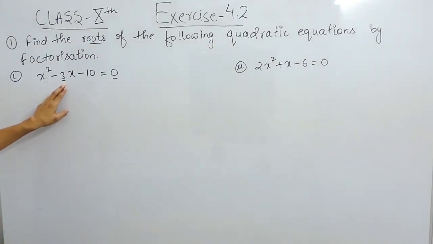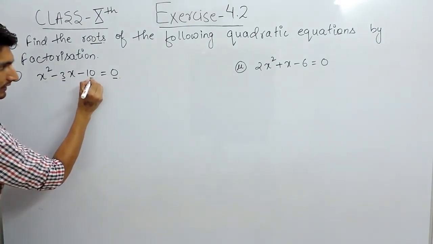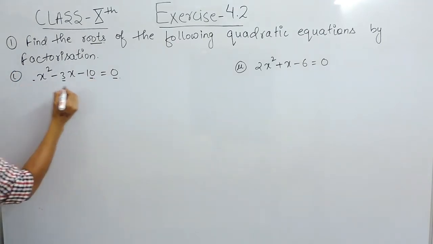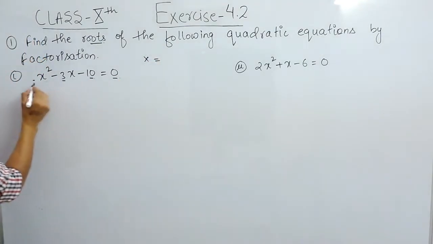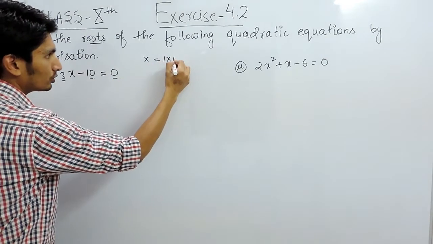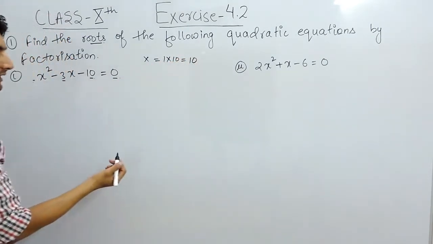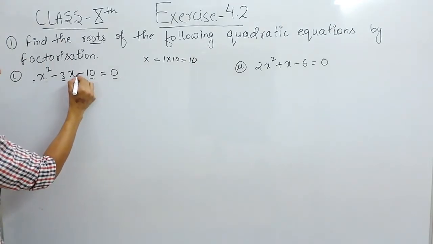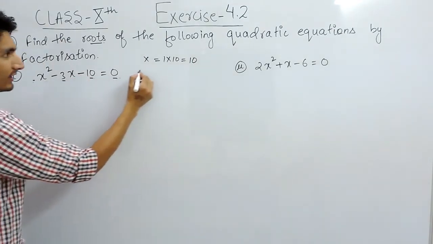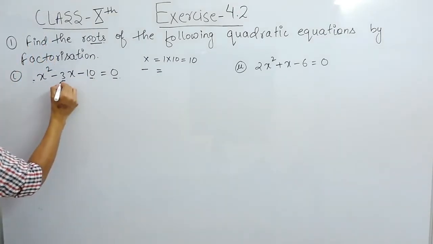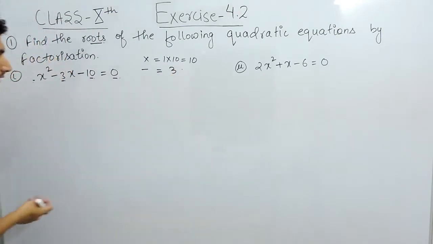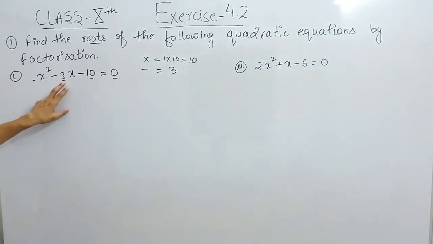You have to split this middle term into two parts such that their multiplication must be equal to this constant, 10, and because there is a negative sign here, their difference must be equal to 3.